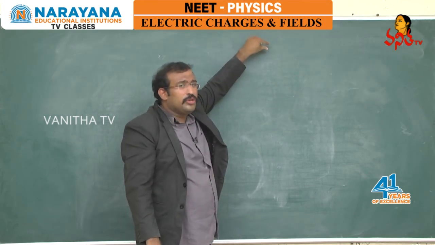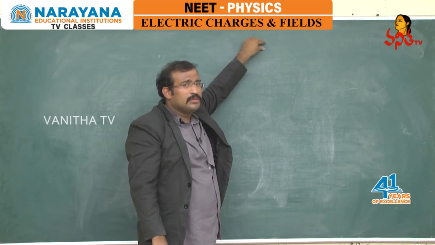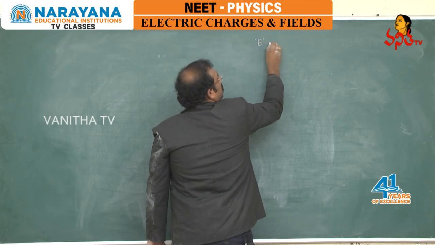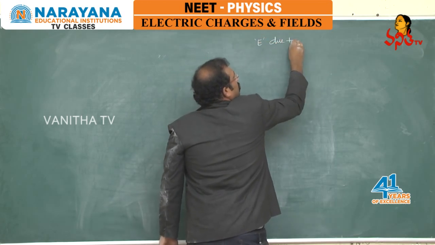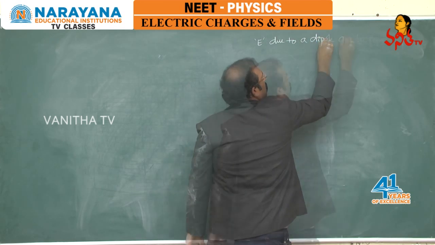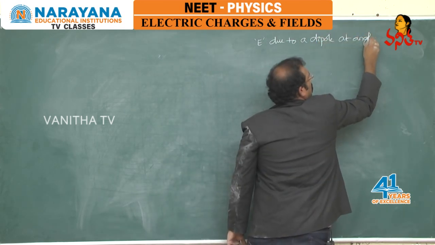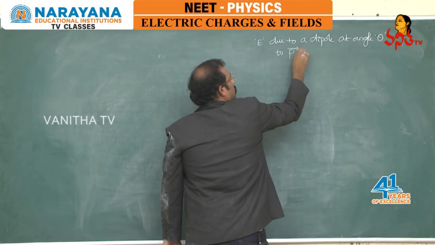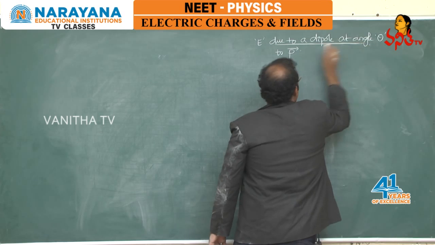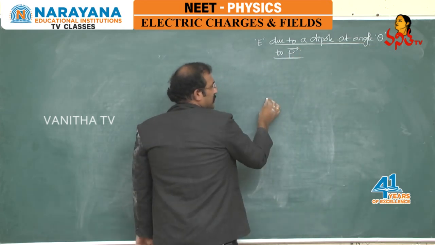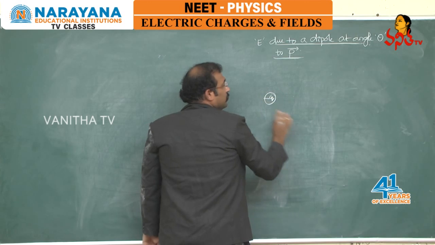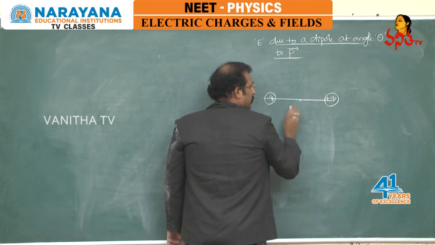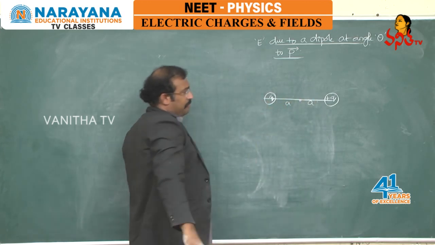Electric field due to a dipole at an angle theta to the dipole moment. Let us consider a dipole with charges minus q and plus q, and the distance between them is 2a.